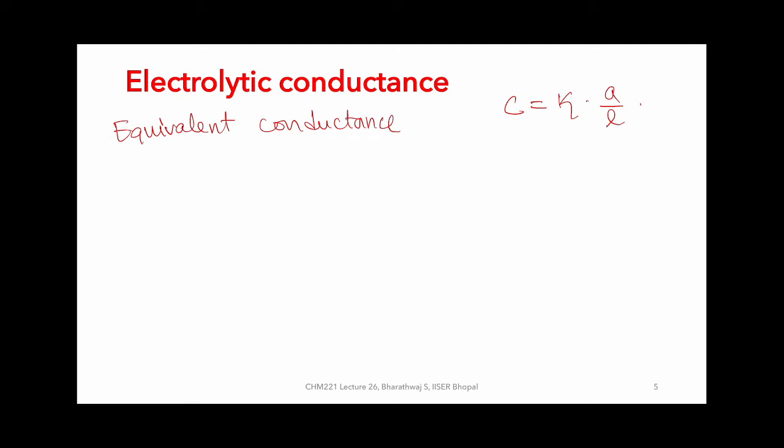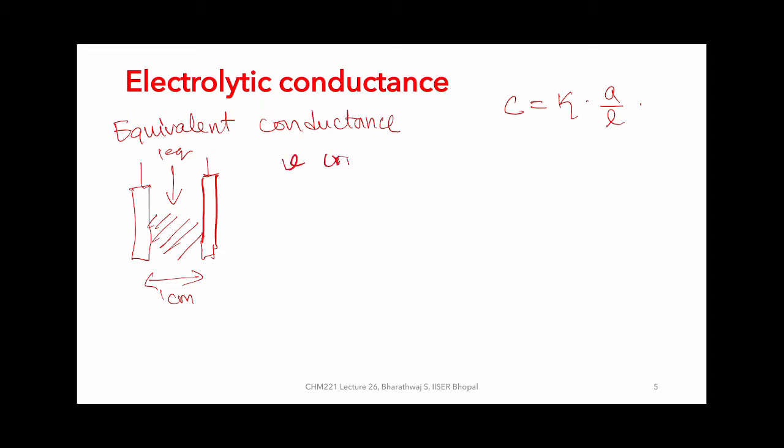So imagine that you have two parallel electrodes set 1 centimeter apart from each other. Let's assume that you put one equivalent of the electrolyte you are trying to assess in this solution, and the volume is V centimeter cube.